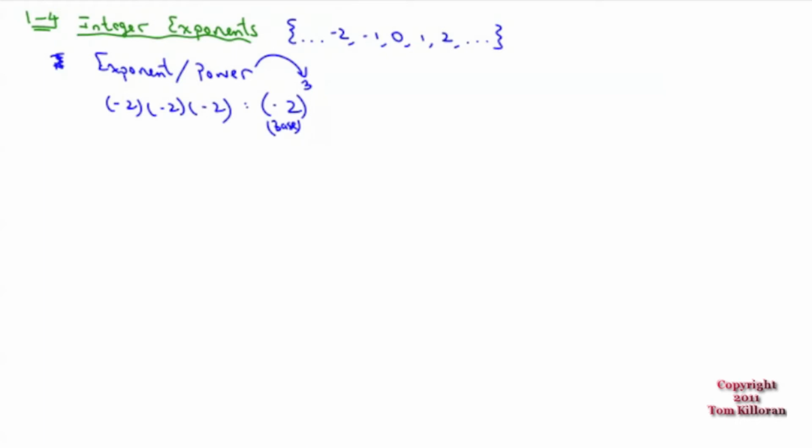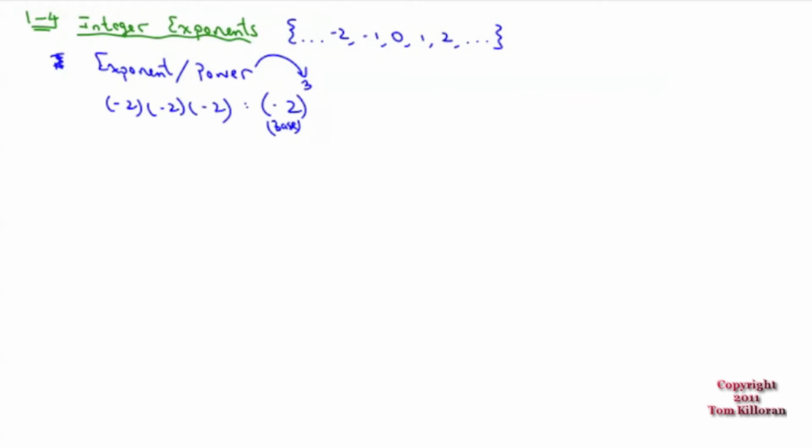Technically, it's saying there are 3 factors of negative 2, which would be negative 2 times negative 2 times negative 2, negative 8, right? But here I just want to leave it as negative 2 to the third.